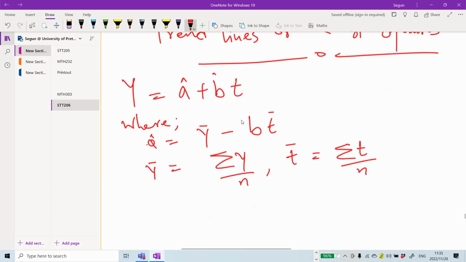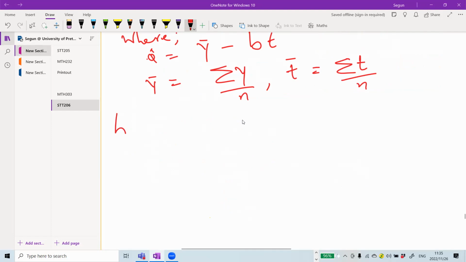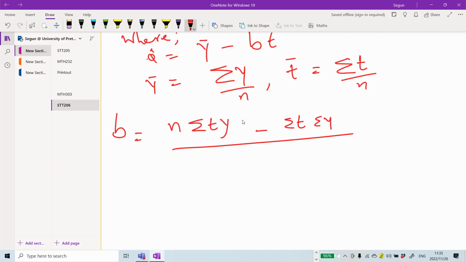So what is b? B is the same thing as n summation t y minus summation t summation y, divided by n summation t squared minus summation t all squared.